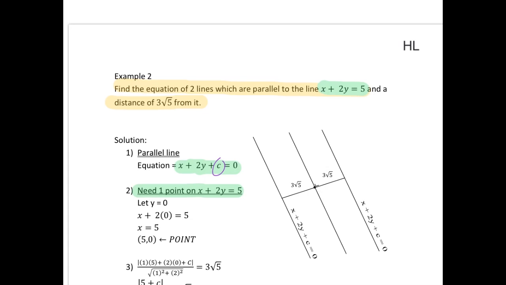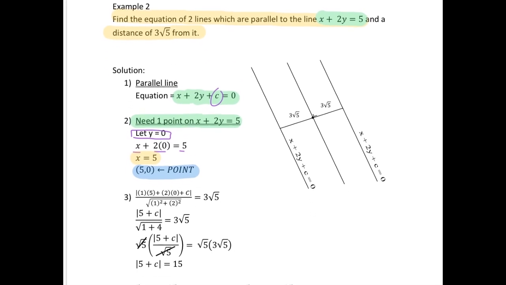So first, let's just set y equal to 0, and that gives us x plus 2 times 0, which is 0, equals 5, which just gives us that x is equal to 5. So therefore the point 5, 0 is on the line x plus 2y equals 5.